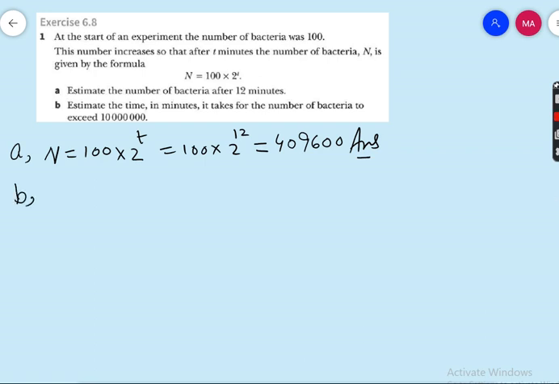Come to part B. Estimate the time in minutes it takes for the number of bacteria to exceed 10,000. So just replace n by the given value: 10,000 is equal to 100 into 2 power t.